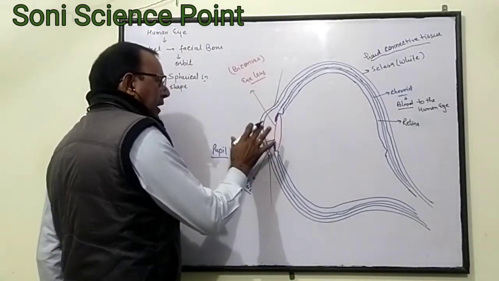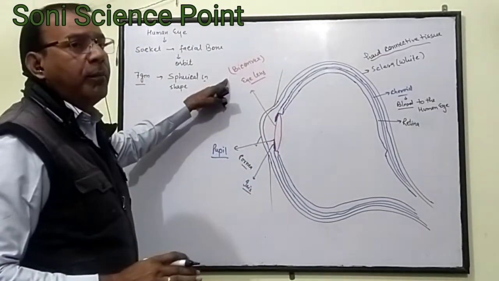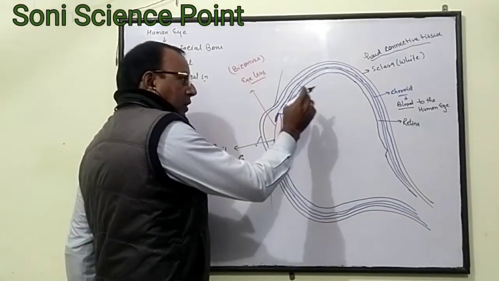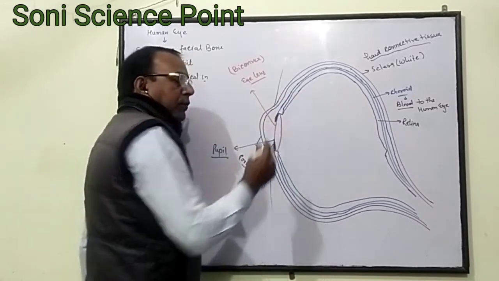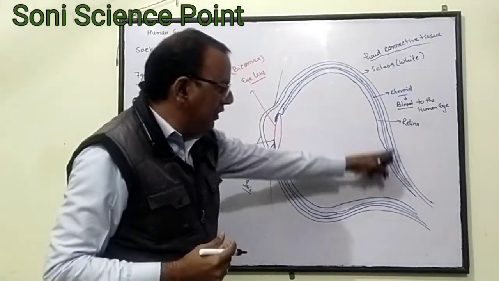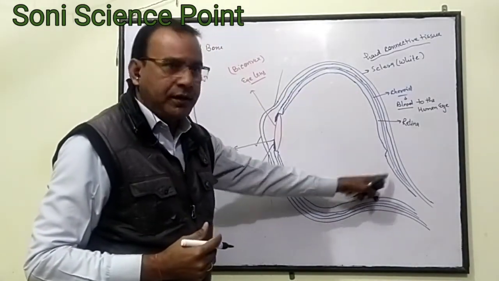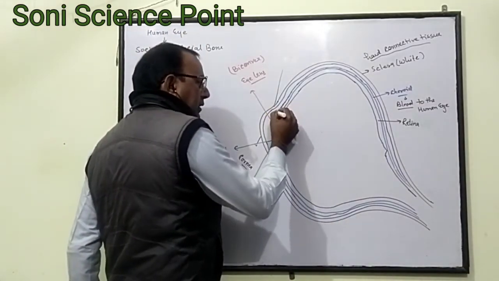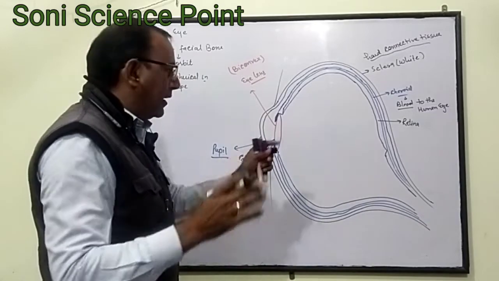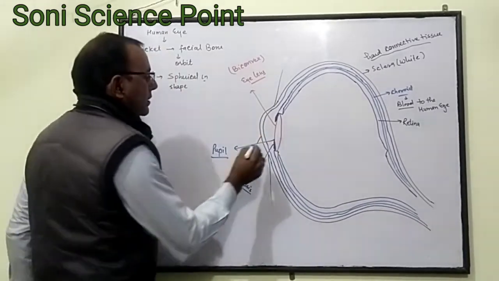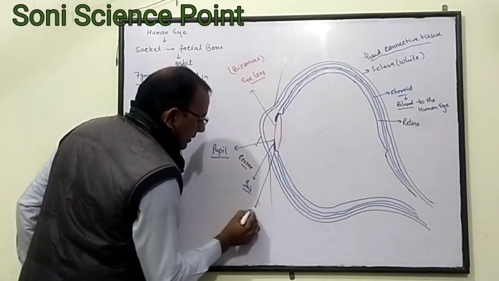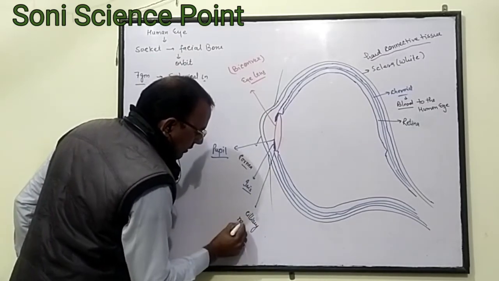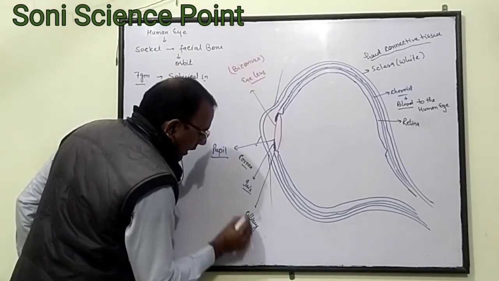In the human eye, a biconvex lens is used. The bluish choroid is thicker at the anterior part but thinner towards the posterior part. At the anterior portion this layer becomes wider, and it forms the ciliary muscles. The function of the ciliary muscles is to hold the human eye lens.